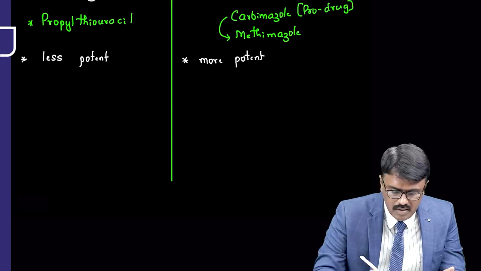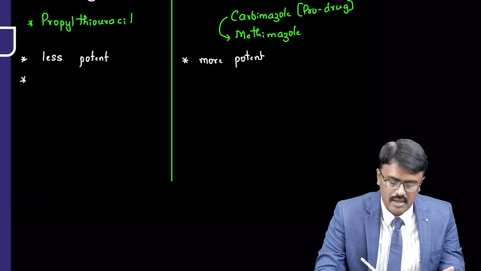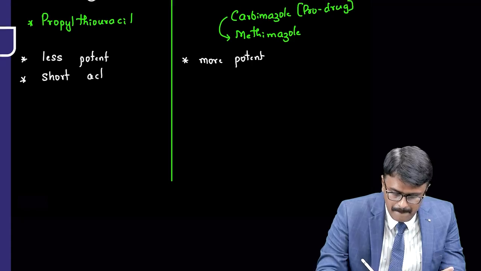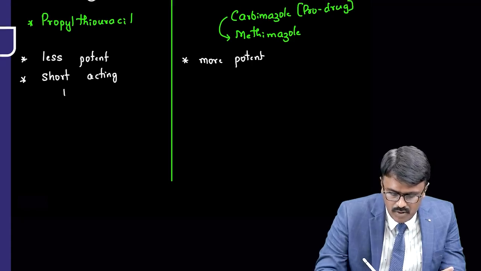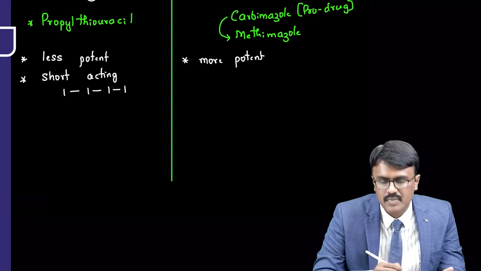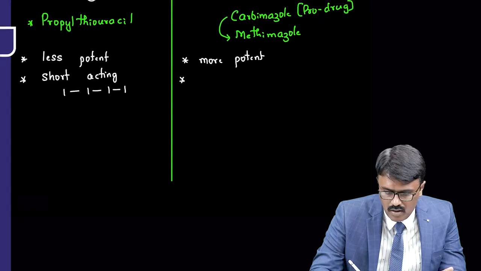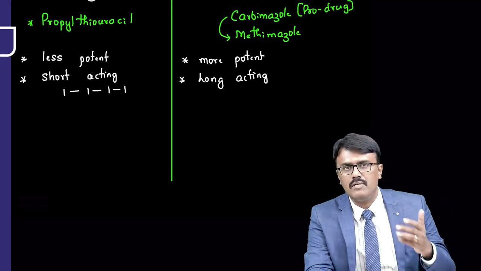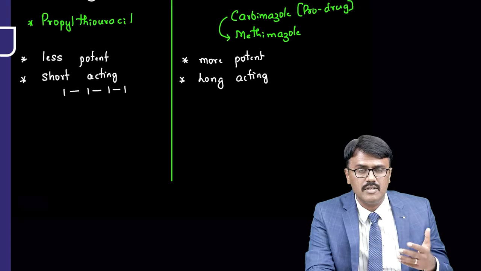The drug is shorter acting. Propylthiouracil is short acting, so you have to give it 4 times in a day. And these are longer acting. And in the thyroid gland itself, they have a longer half-life. It is called intrathyroidal half-life, which is very long.